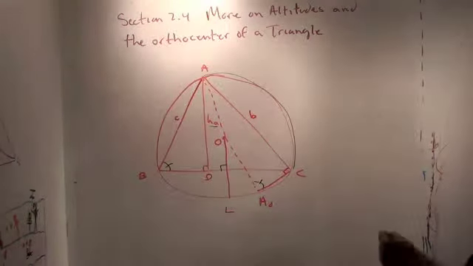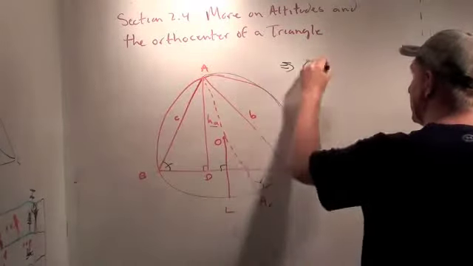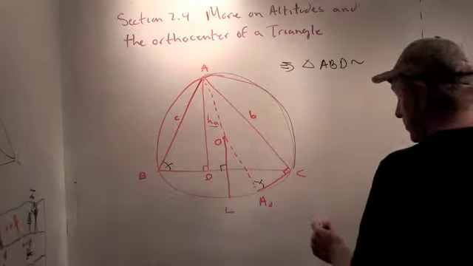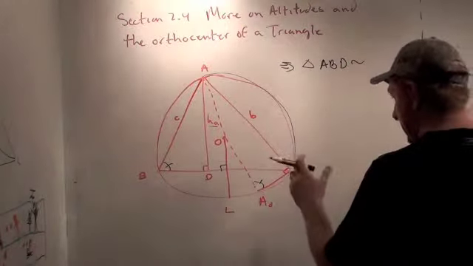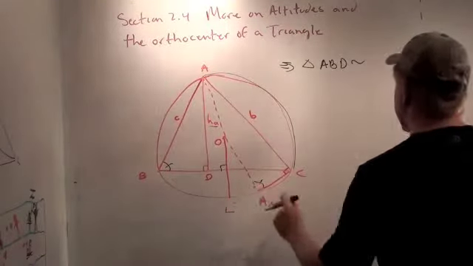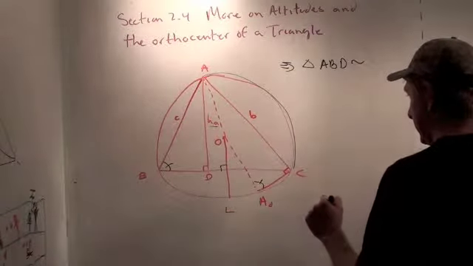And because of that, this implies that triangle ABD is similar to triangle, where's the hypotenuse? AC naught. Did I say that right?